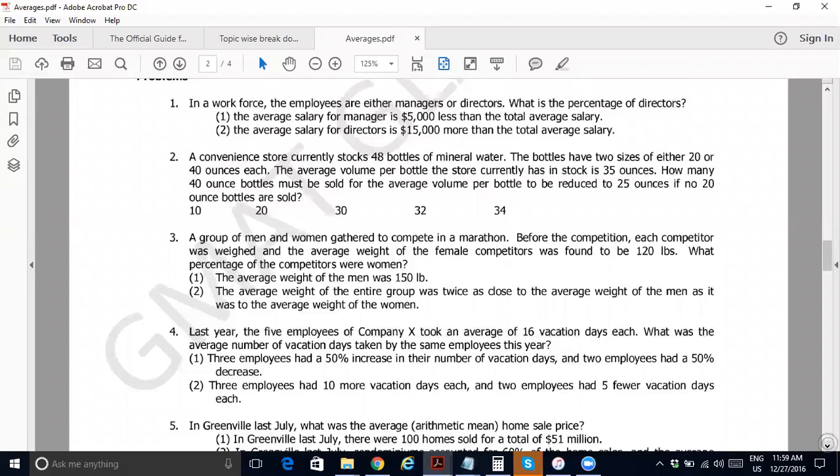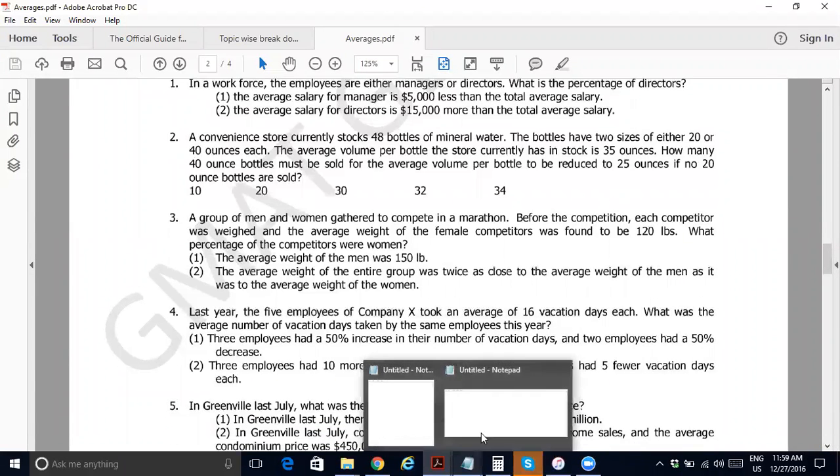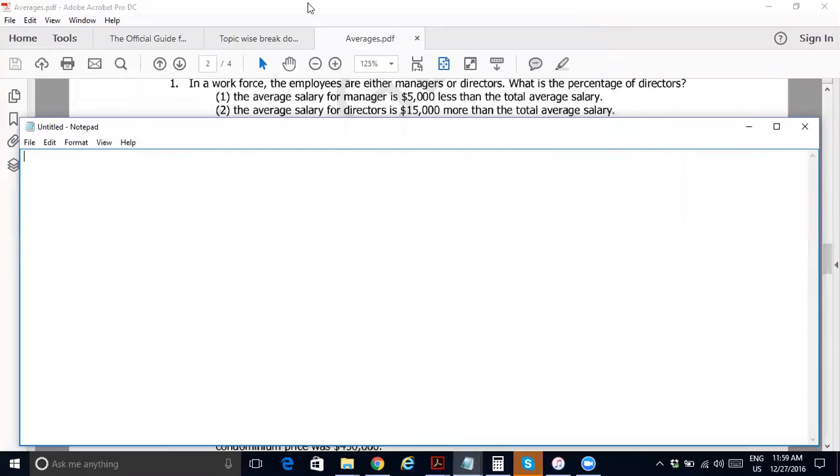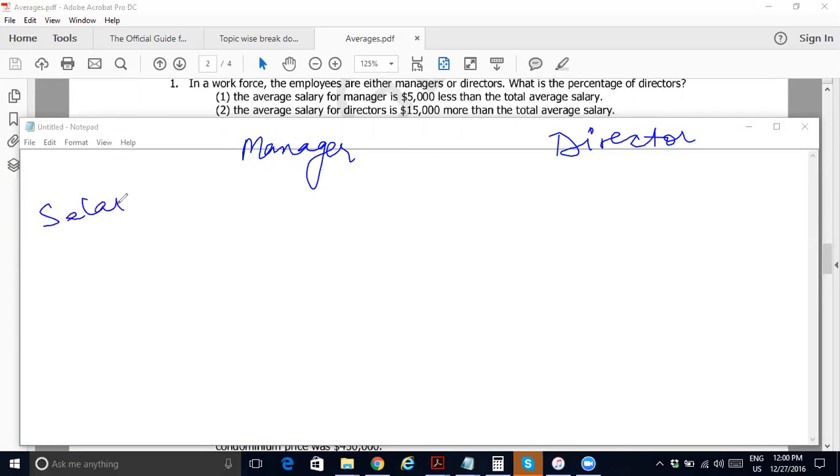So as per the traditional method, the salary of directors is D and the salary of managers is M, and let's say the numbers are N1 and N2.